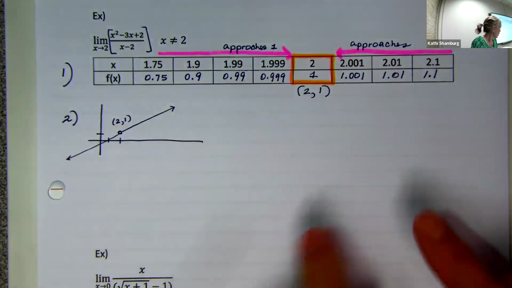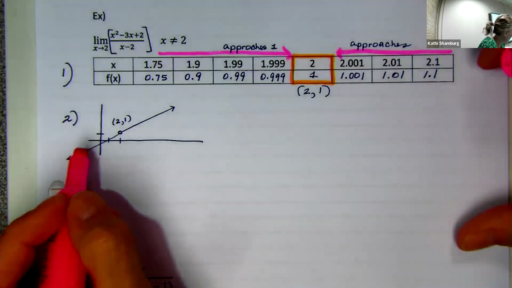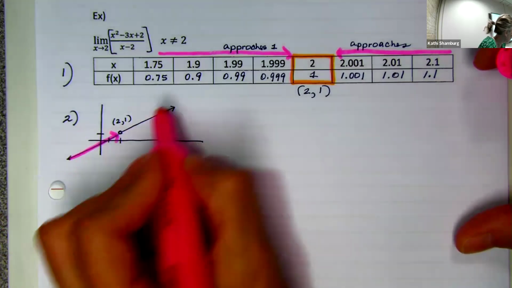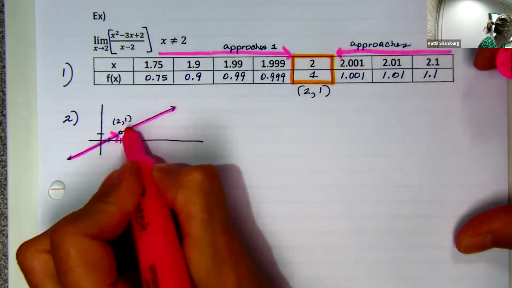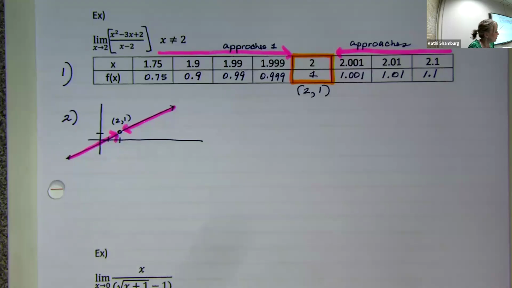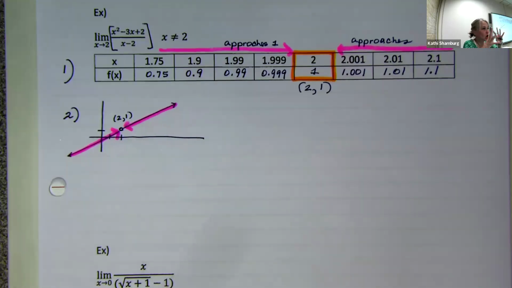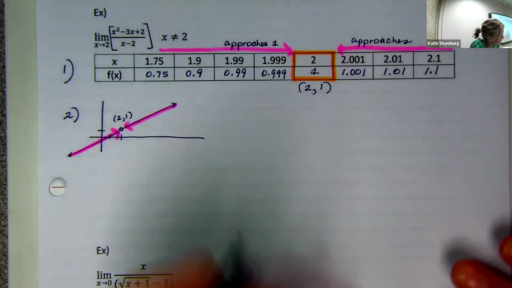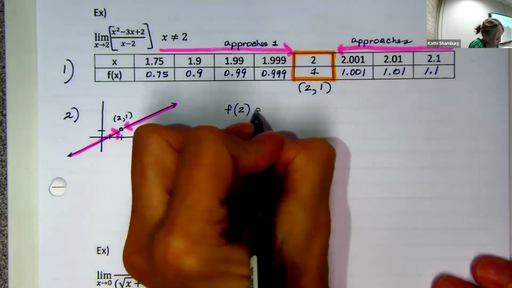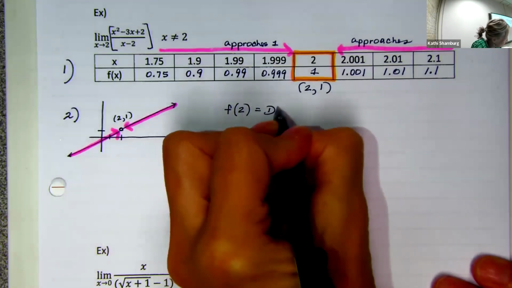Okay, so what this looks like in a graph, and what we would ask ourselves is, as I approach on the graph from the left and as I approach on the graph from the right, what is it approaching? Okay, so here's some symbol and mathematical writing of this. f(2) does not exist.